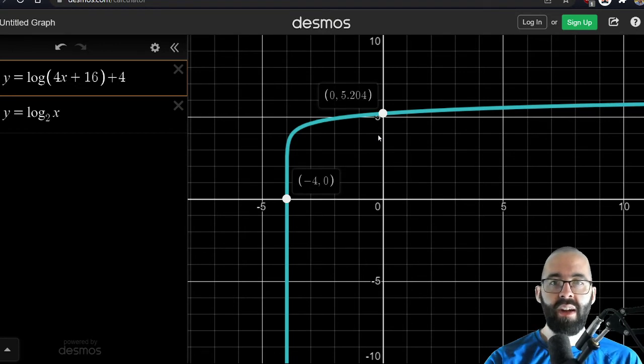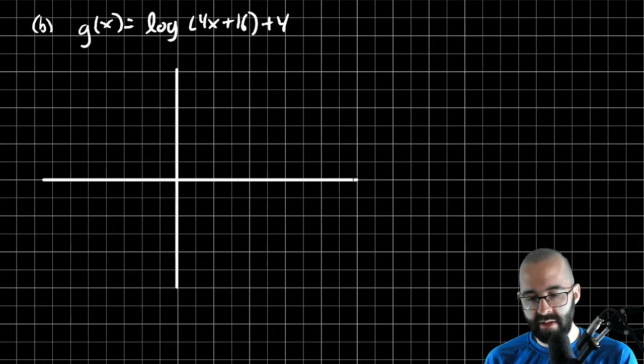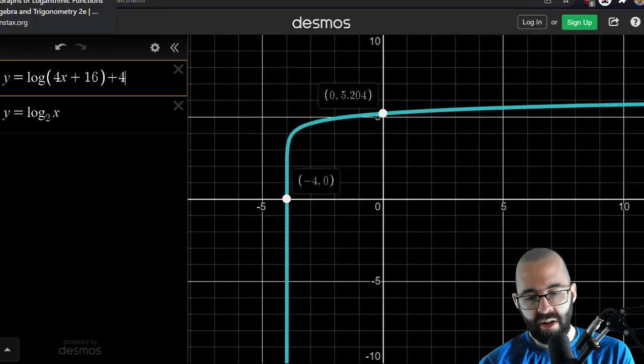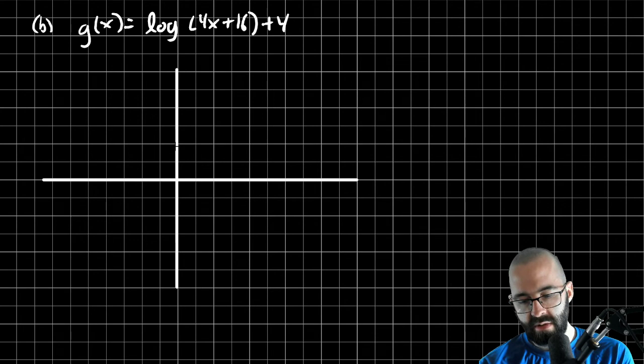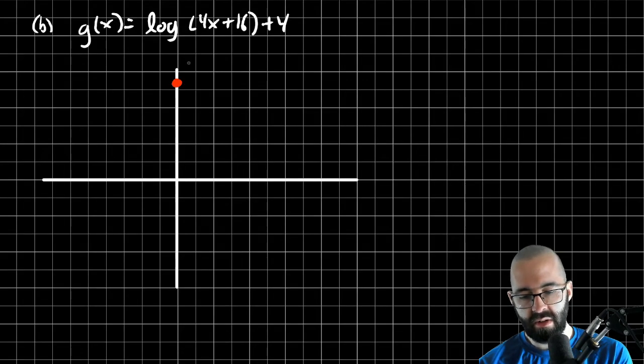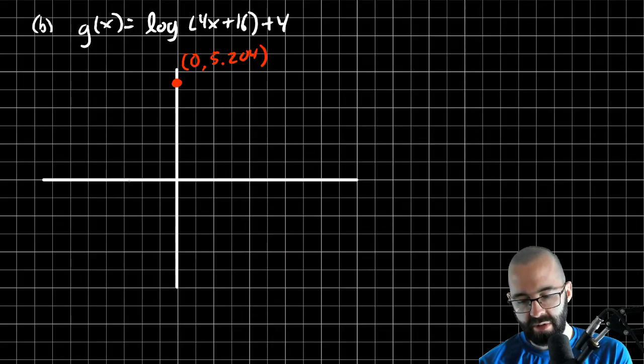All right, so let's make our axes. Here we are going to actually need negatives. So what are the nice points here? 0 and about 5.2. 1, 2, 3, 4, 5.2. And let's label it. Since they're not super nice, let's include this. 0 is about 5.204. And then our x-intercept was at -4, and this was a really nice point.